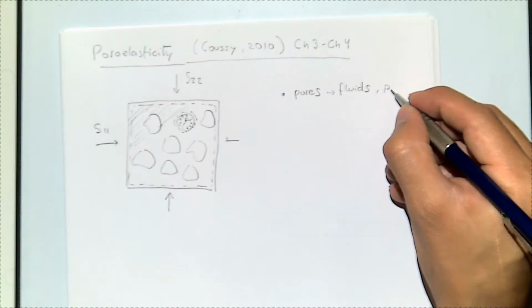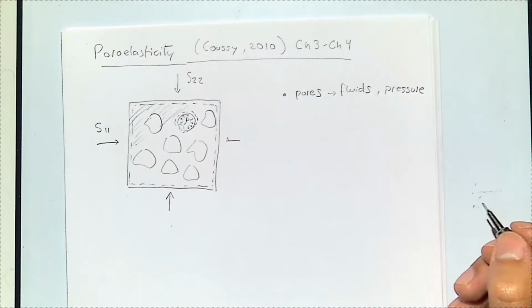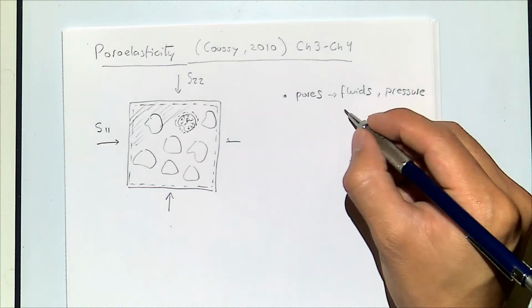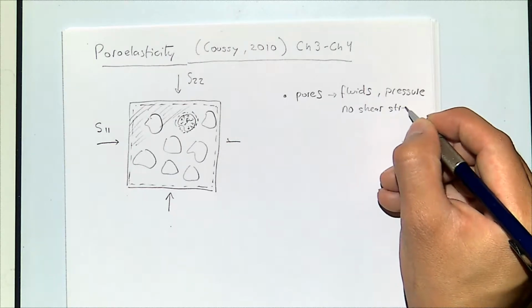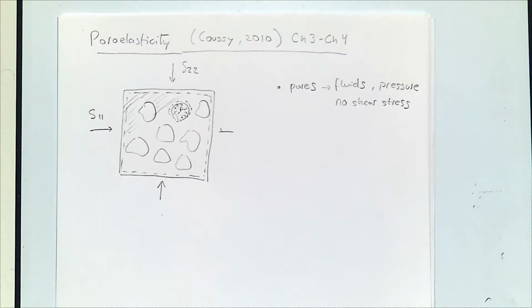We're going to have pressure inside the pores. And if we have pressure inside the pores, what kind of stresses can we apply to the pores? Normal only. No shear stress, because fluids cannot apply shear stresses over a long time.